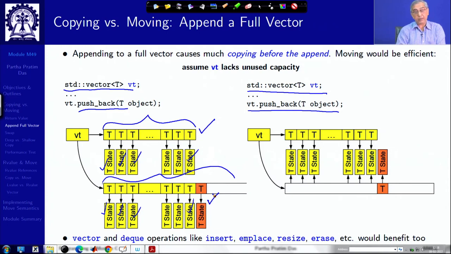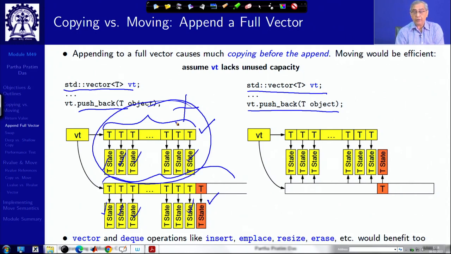This is extremely expensive, because as many elements as there are, those many copies and their deletes will have to happen. Instead, after this has been done, this old vector is of no use. So, you are in any case going to delete it.